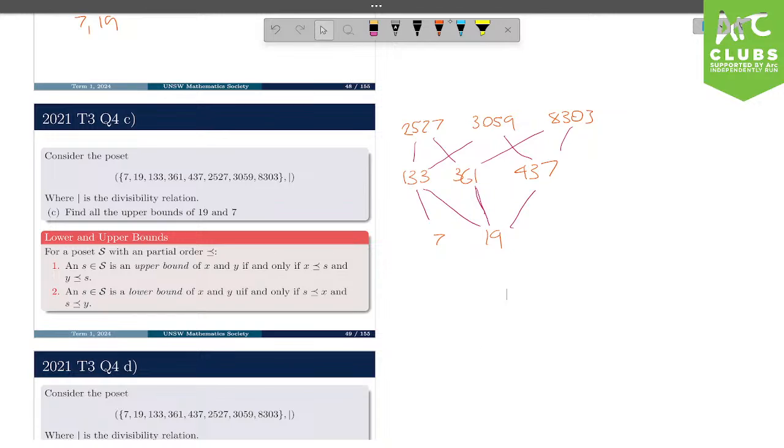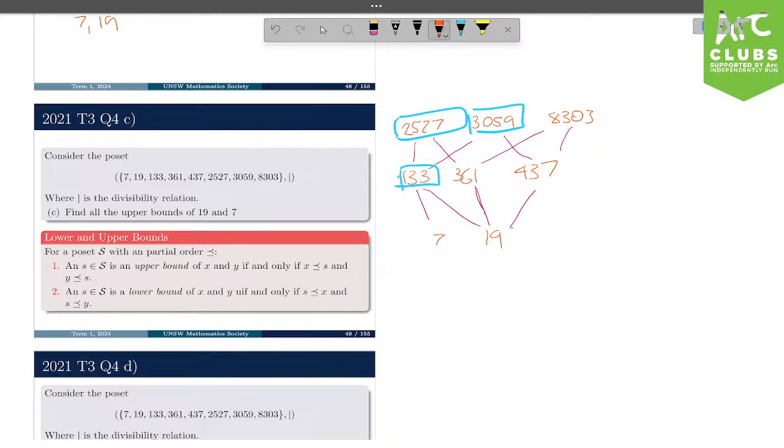By using the Hasse diagram, we can trace up what's greater than 7 and 19. The first thing we see is 133, and everything that 133 is a divisor of is also an upper bound of 7 and 19, because partial orders are transitive.